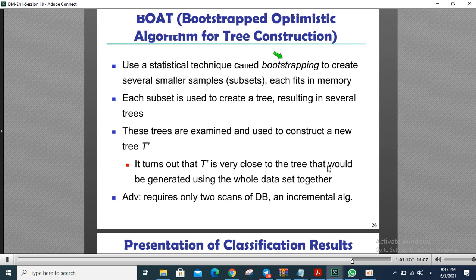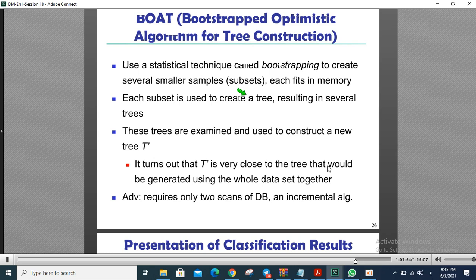BOAT is another strategy to create scalability in decision trees. In this strategy, a statistical technique called bootstrapping is used to create some subsets in the memory, and then for each subset we create a tree.